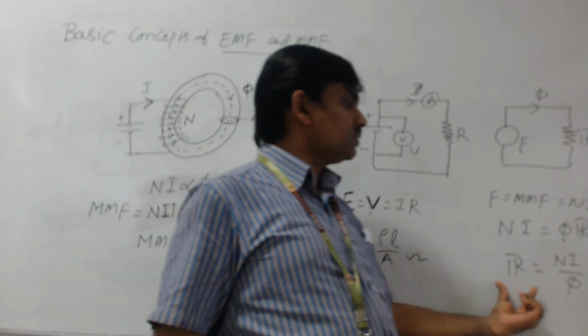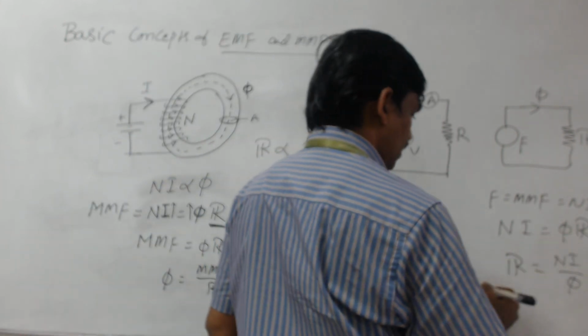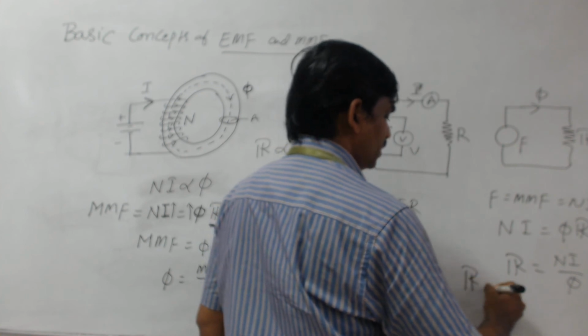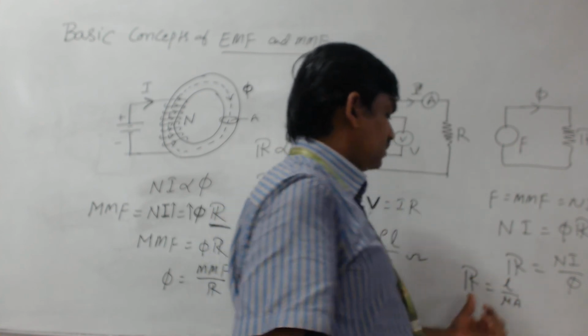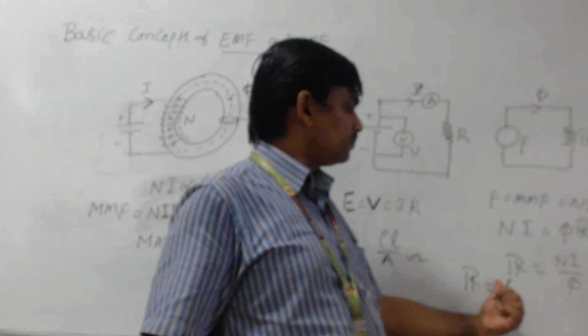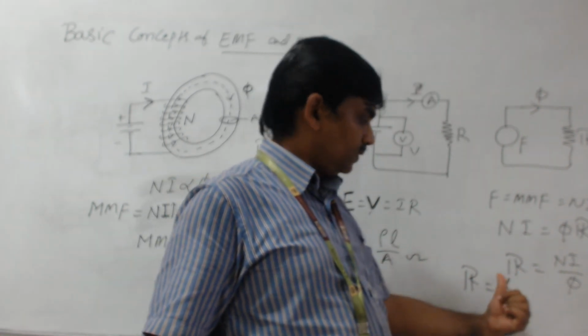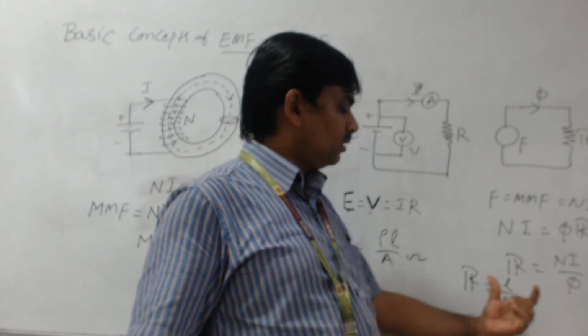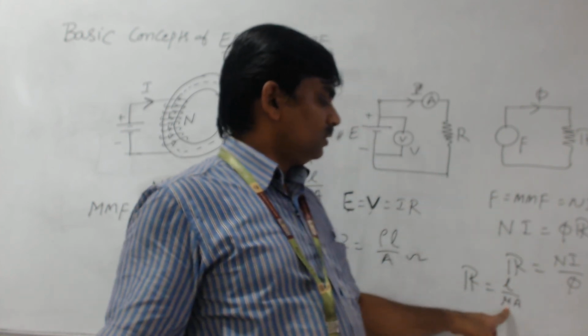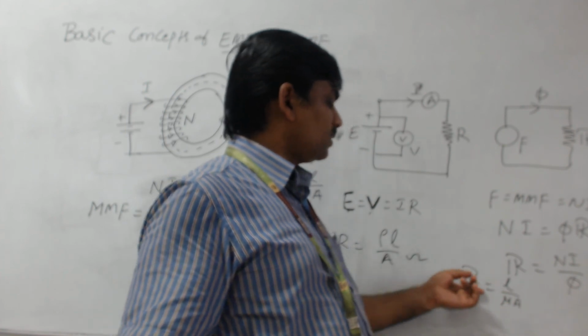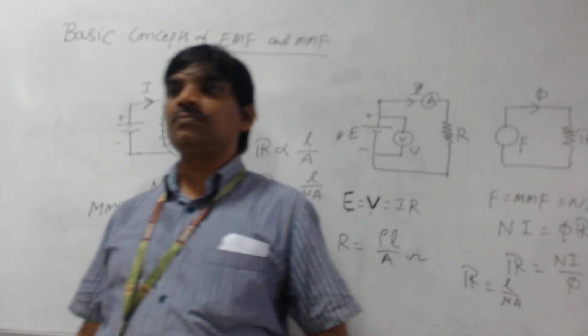Like that, we are talking here about reluctance. Reluctance is a physical property of the material, L by mu A. L is the length of the material, or the path of the magnetic circuit, A is the area of cross section of that material, and mu is the permeability. It is inversely proportional to the reluctance of the magnetic circuit.